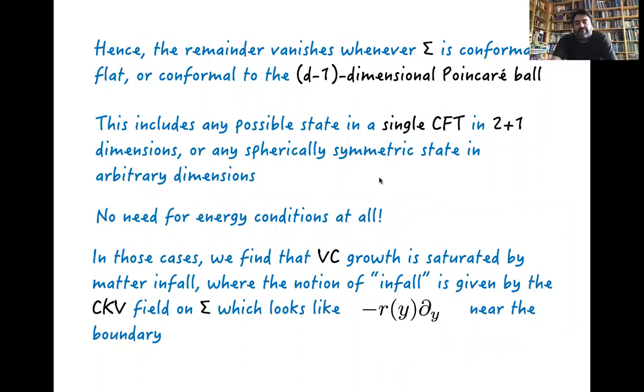Well, in particular, if sigma is conformally flat, or conformal to a Poincaré ball. In that case, I can always find that C field. And this includes every possible solution of Einstein equations in 2+1 dimensions. Because in that case sigma is two-dimensional, and if it has the topology of a disk, I know that it's conformally flat.